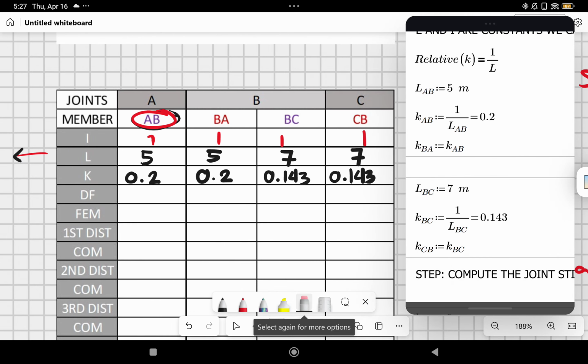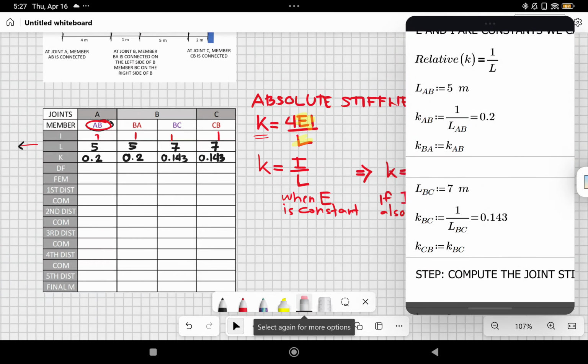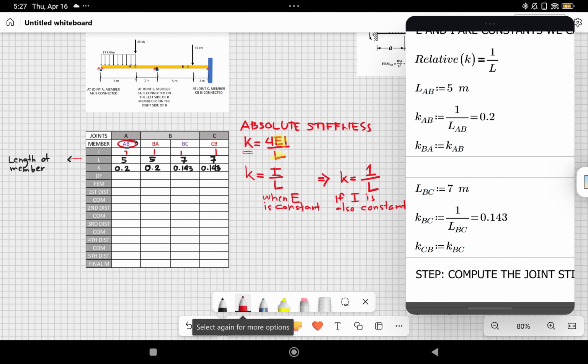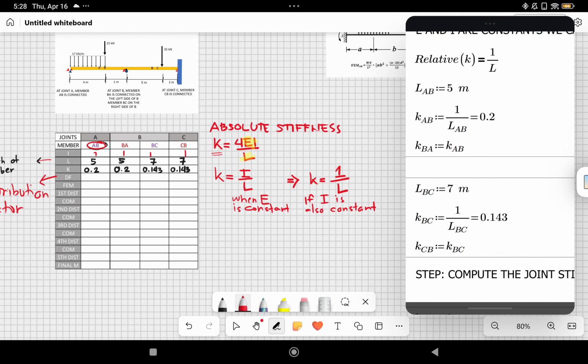Next is, what is DF? DF stands for distribution factor. So what is distribution factor?